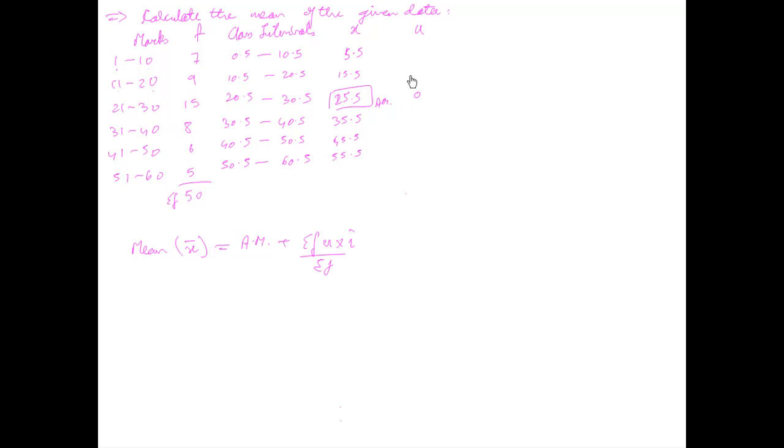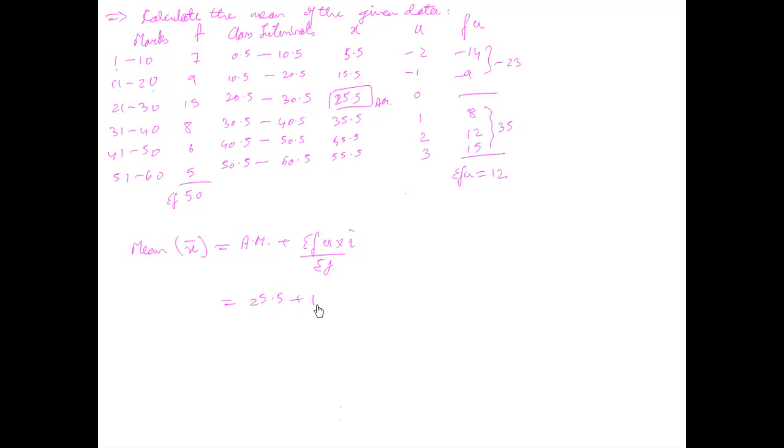Assumed mean would be 0, above that will be -1, -2, below that will be 1, 2 and 3, and f into u, children, accordingly would come out to be -14, -9, 0, that's 8, that's 12, and that's 15. So, children, this adds up to -23, this adds up to 35. Difference is 12 with positive difference. That's summation of fu is equal to positive 12.